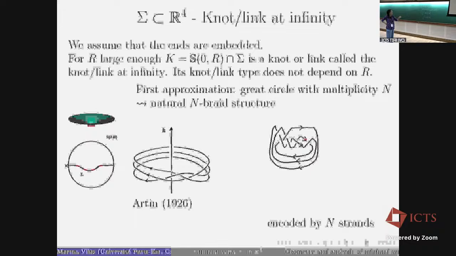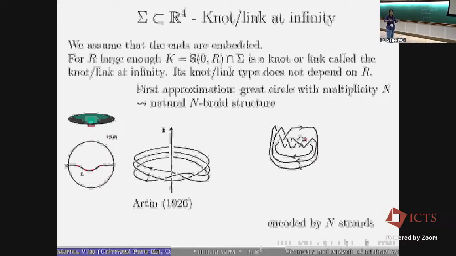For R large enough, this is my surface sigma, this is a large sphere, and the knot, or the link, is the intersection of the surface with a large enough sphere.